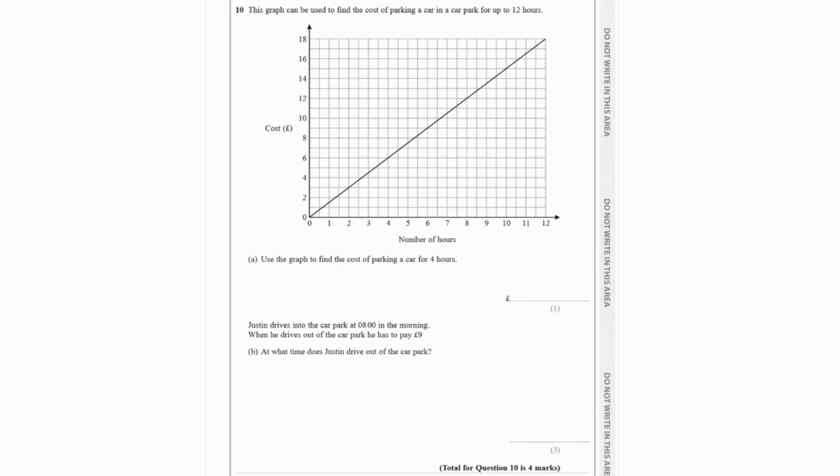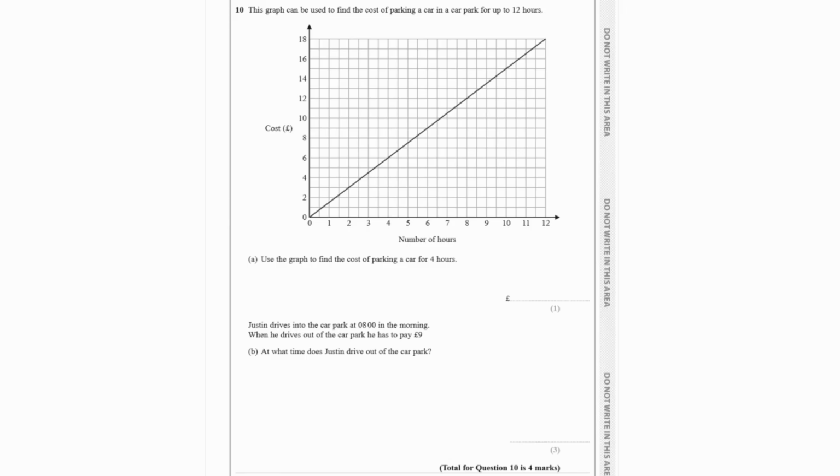Question 10. This graph can be used to find the cost of parking a car in a car park for up to 12 hours. Part A, use the graph to find the cost of parking a car for 4 hours. So as we can see, the x-axis represents the number of hours and the y-axis represents the cost in pounds.